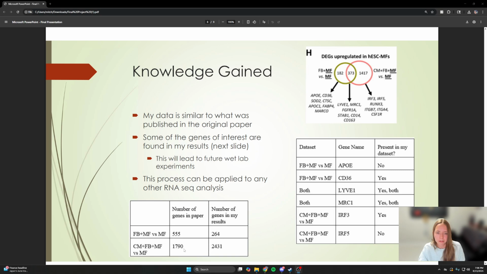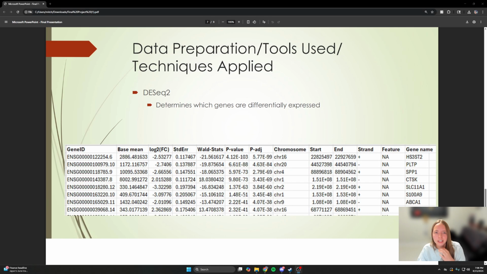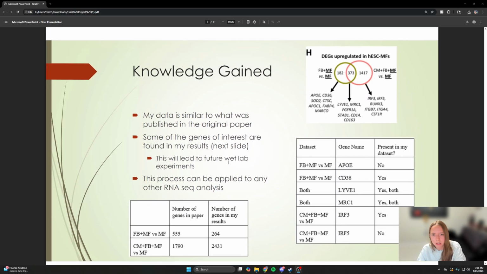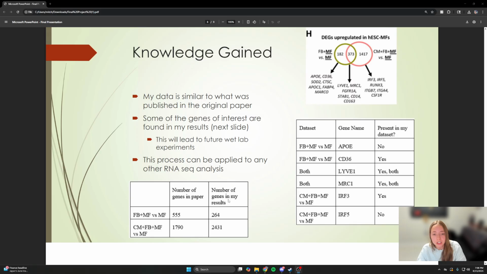And while they're not extremely close to the original, you got to think that before I did this cleaning and ran DESeq2 to know the important genes, I had 57,000 genes, and then it got narrowed down to this 202,400. So when you think about where it came from to where I am now, I think that was fairly close, although I can still tell that I needed some work with my data set so I can get closer to what the original paper had.